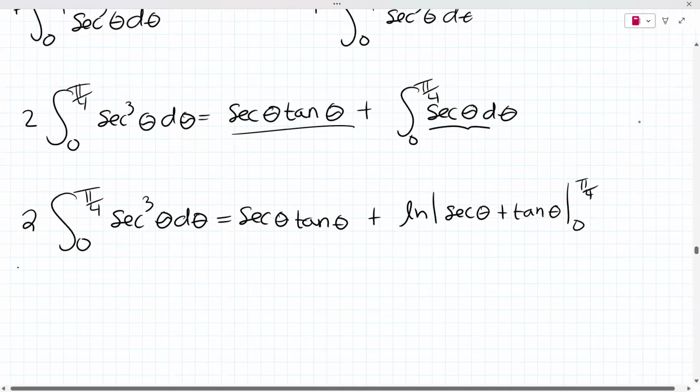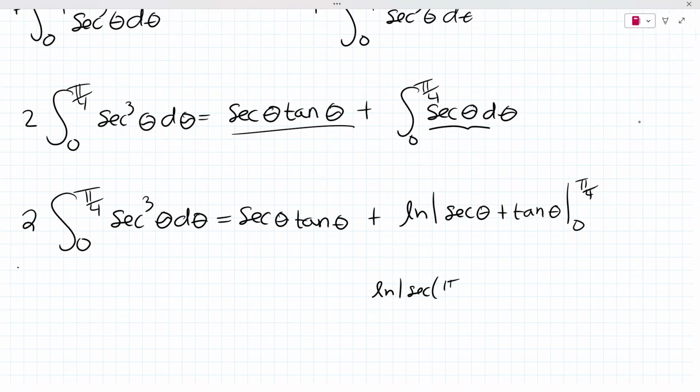So that's going to simplify as ln of the absolute value of secant of pi over 4 plus tan of pi over 4, minus bracket, and then do your lower boundary, ln of secant 0 plus tan 0.